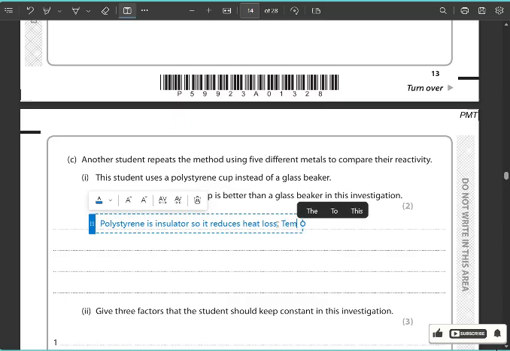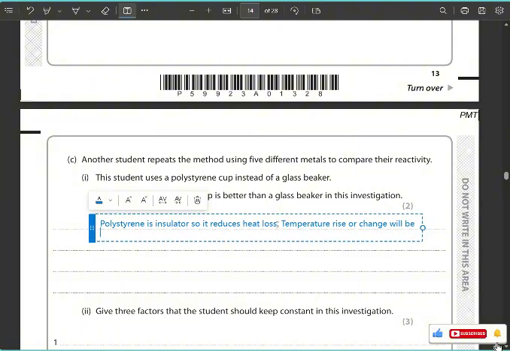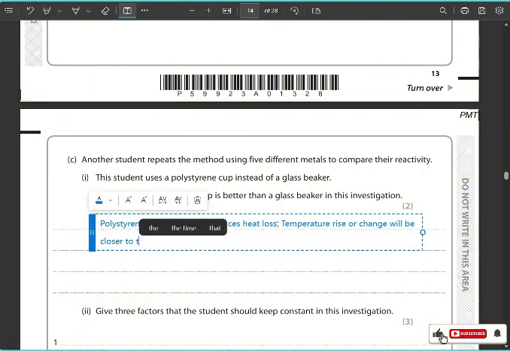And also the temperature rise or change will be closer to the true value, meaning the investigation will be more fair.